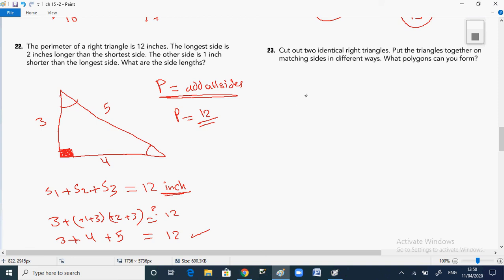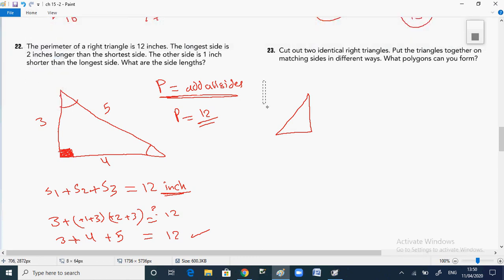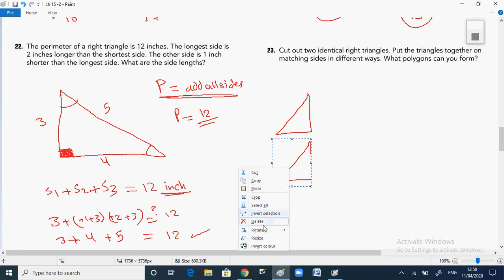Look, let me copy it. I have 2. Now if I want to put this one, I want to rotate it. I have to put this one here.